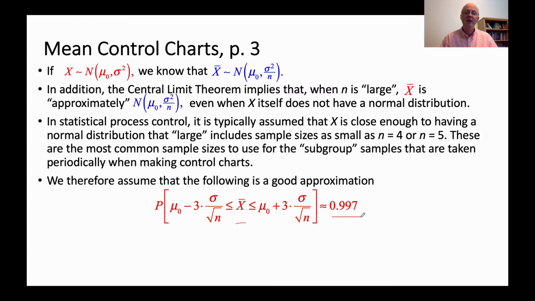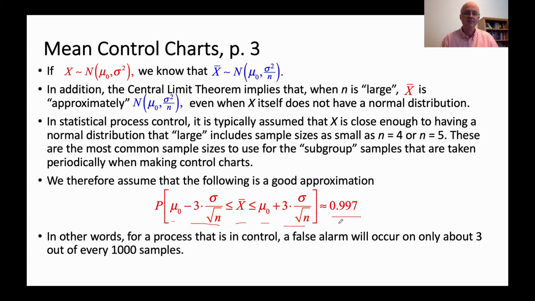The chances that a given sample mean x bar from the sample of, say, size 4 or 5 is between mu0 minus 3 standard deviations for x bar and mu0 plus 3 standard deviations for x bar is about 0.997.